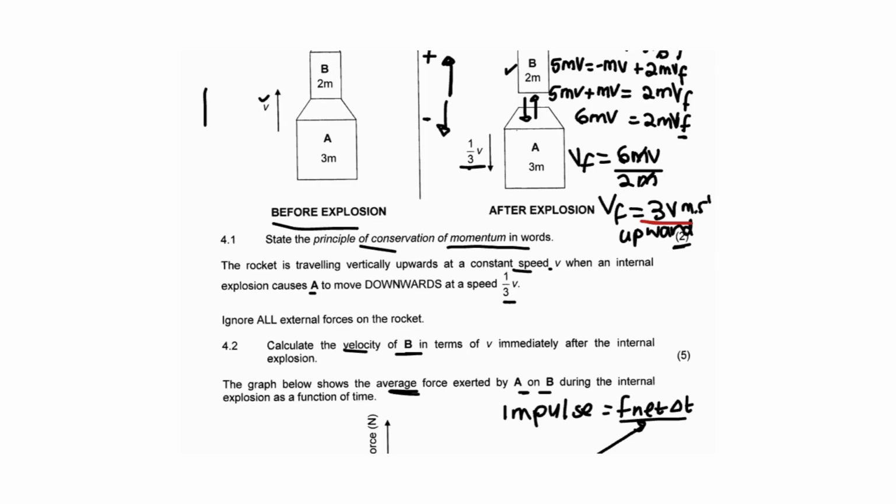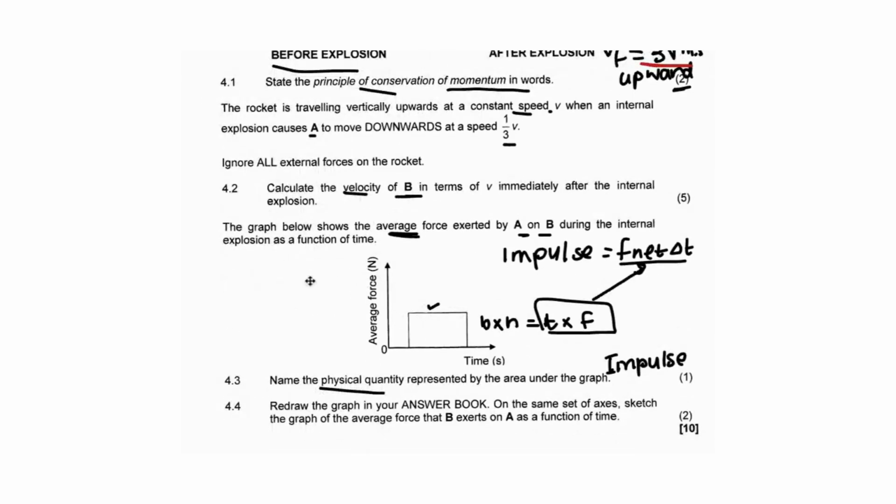So they want us to show now the graph for the downward arrow. And according to, guys, remember Newton's third law, we say when object A exerts a force on object B, B is going to exert a force of the same magnitude on A but opposite direction. So it means we are going to redraw this graph. On the graph we have the time in seconds, we have average force in newtons.